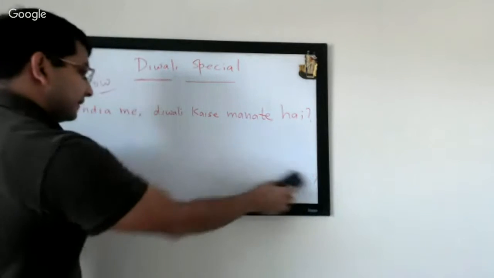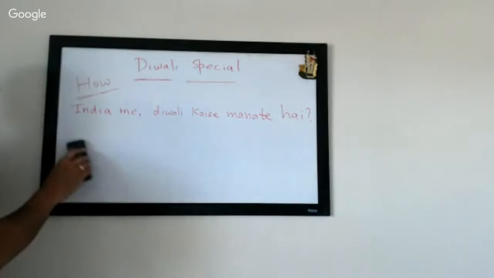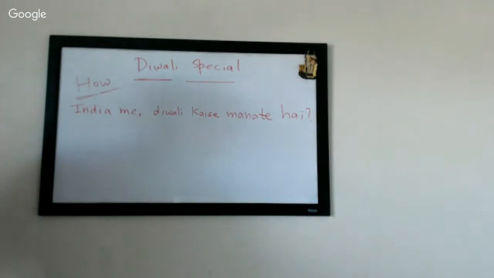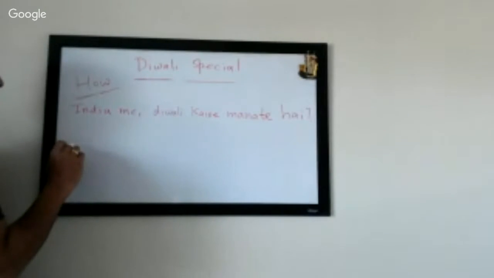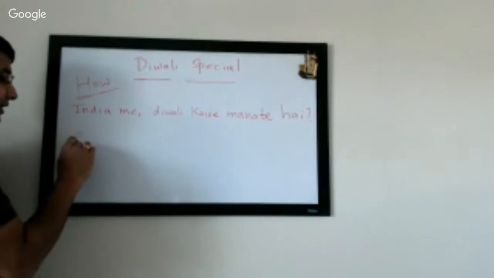It's celebrated in other countries as well. So Indians are equally intrigued when it comes to how it gets celebrated in other countries, right? So let's say you want to find out how it gets celebrated in Guyana. How do you say that?